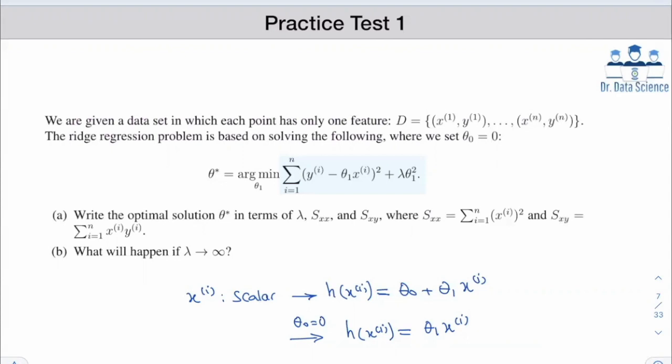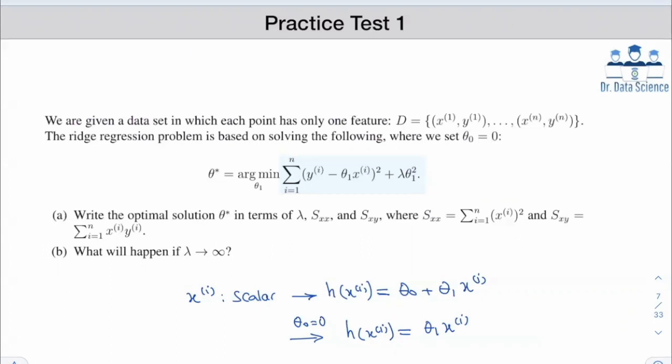And it asks us to find this solution in terms of these two quantities, S of xx and S of xy, defined here. S of xx is the summation over i of xi squared, and S of xy is the summation from 1 to n of xi times yi.